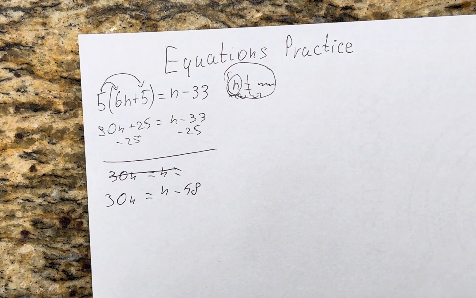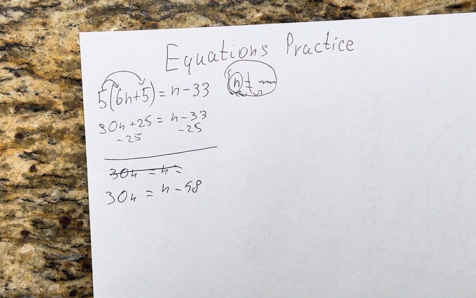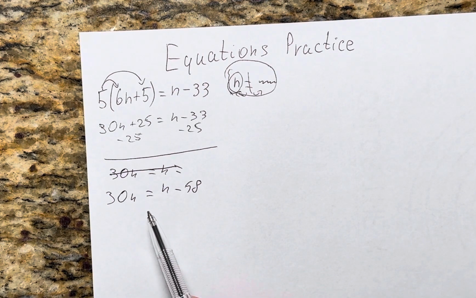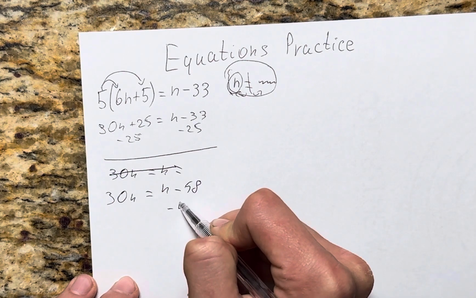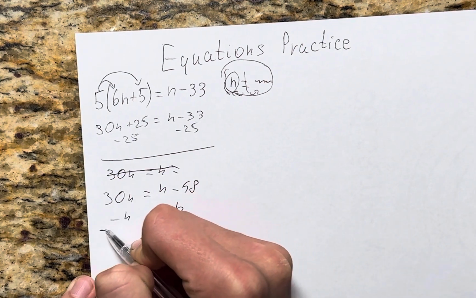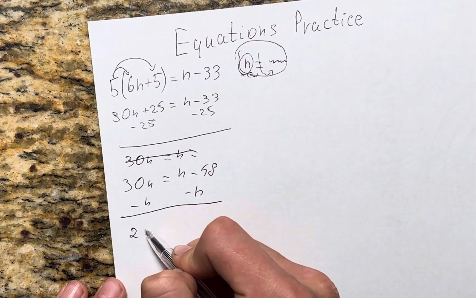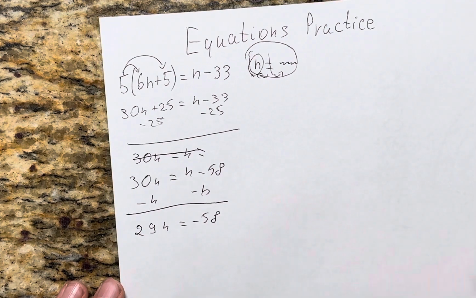So what we'll do next is move this n from this side to this side. We'll subtract n from each side. We'll get 29n equals negative 58.